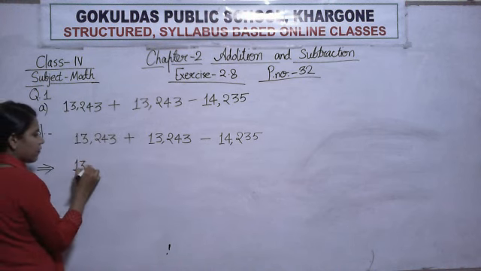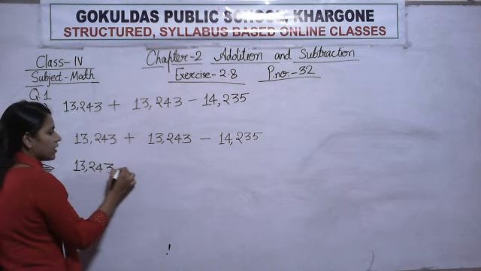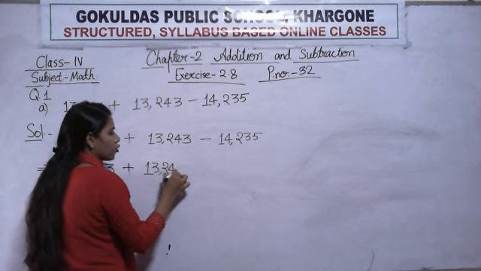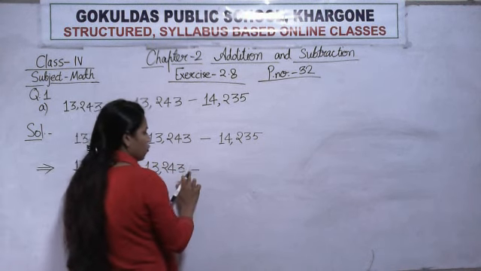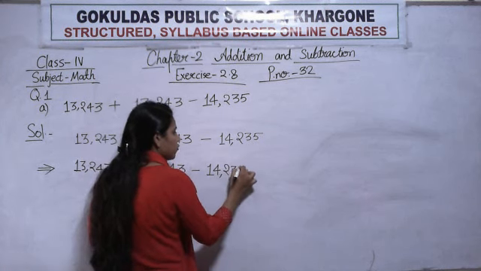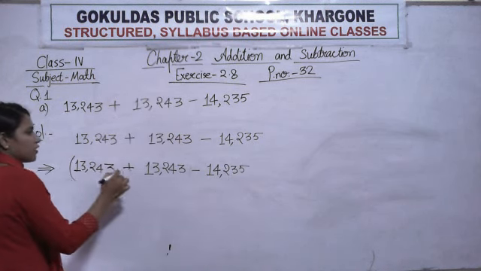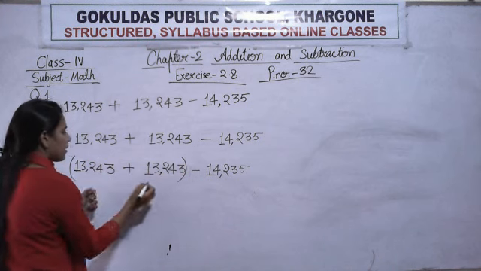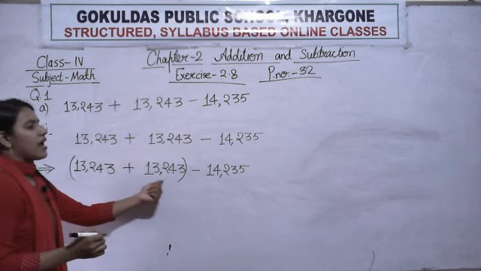In the second step I will make the group of the numbers. In one group I will put two numbers. So I am making the group of the first and second number.